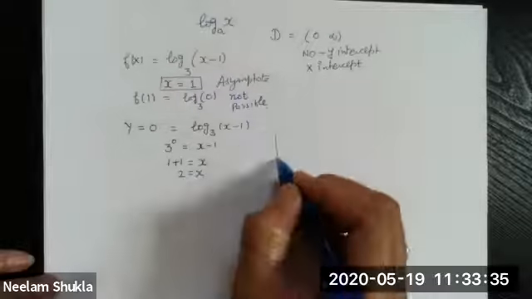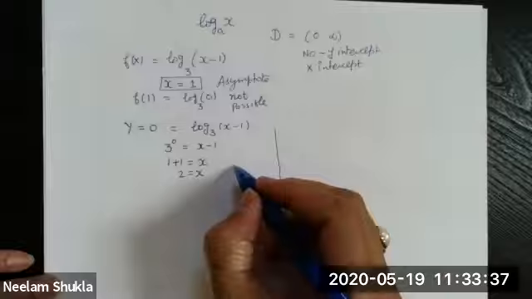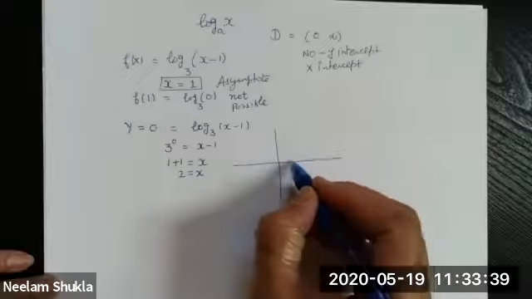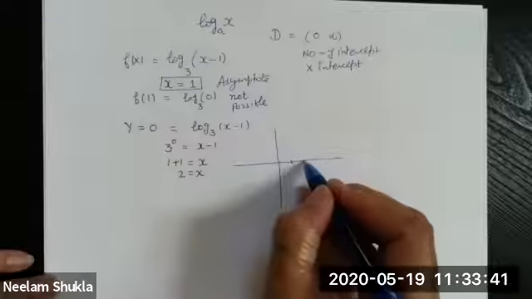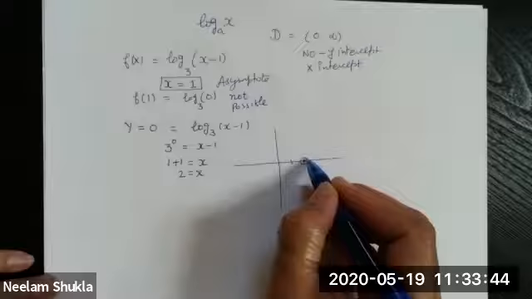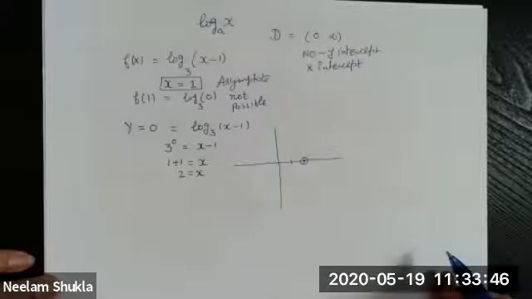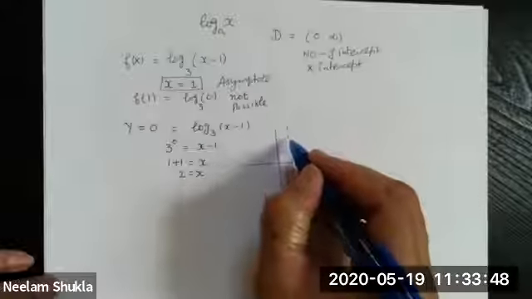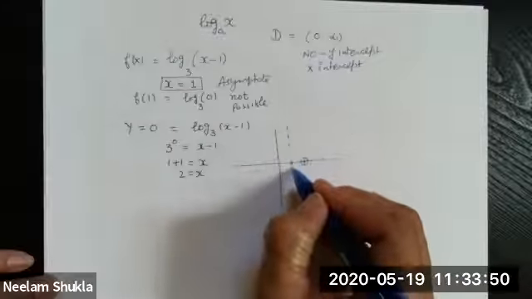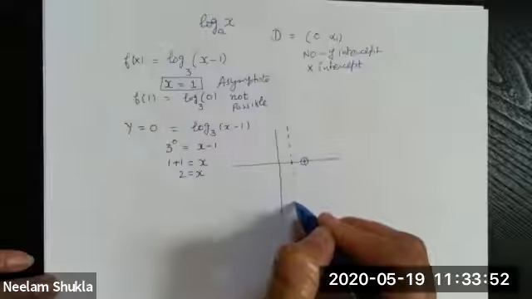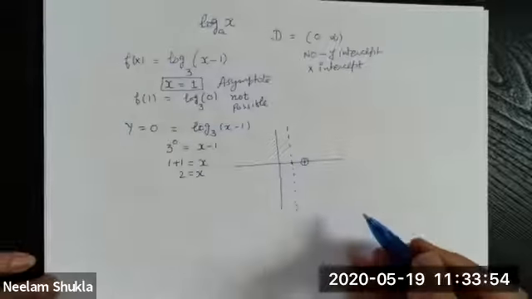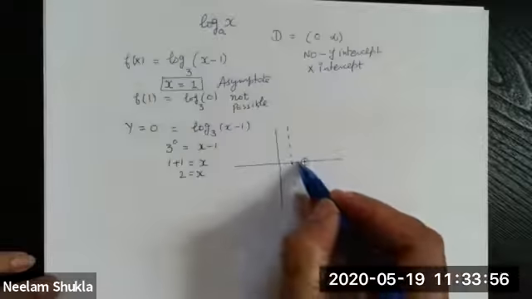You can try to look at the graph. Your intercept is at this point for this function, and at x equal to 1, the asymptote of the function exists. And we can try to find a couple more values here, for 1.5.